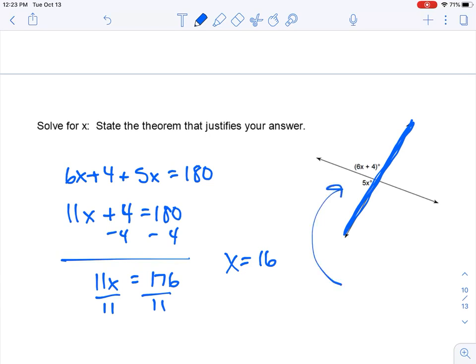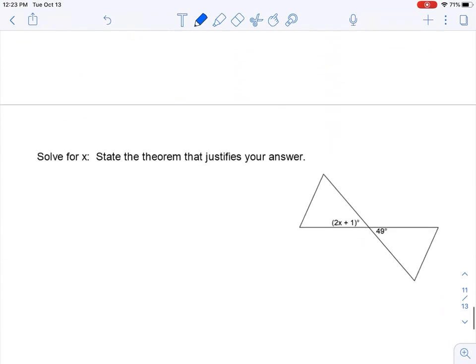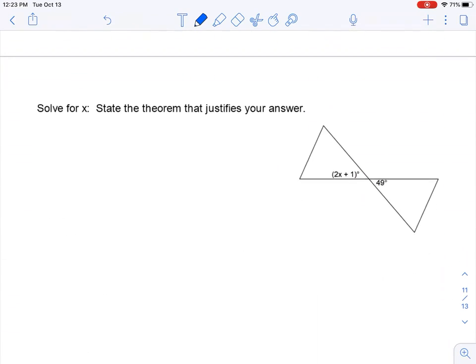Now this is similar to the last one, although this time we add and equal to 180, so it is the supplement theorem that we used. And now we do this one. I notice that these guys are vertical angles, so I know I'm going to use the vertical angles theorem and equal them to each other.